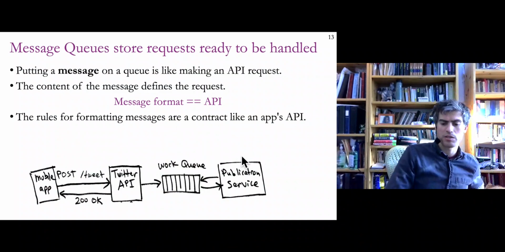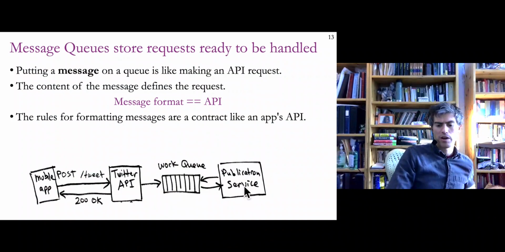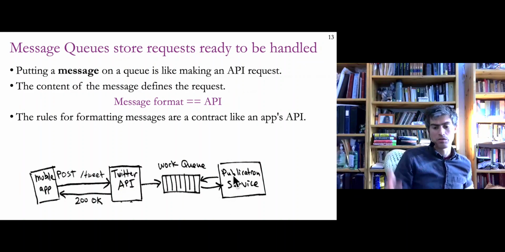So essentially, instead of this publication service providing an API that this Twitter API calls, instead of making a REST request directly into the publication service, which could have been designed that way with a microservices architecture where you have many services in the back end and you would use REST or some other network API to interact, that API would have to be clearly defined so that this other service could use it.